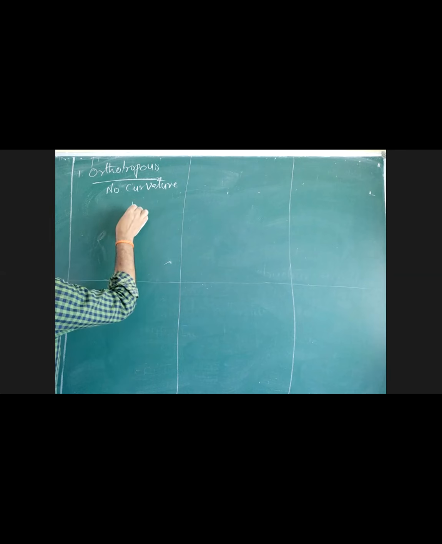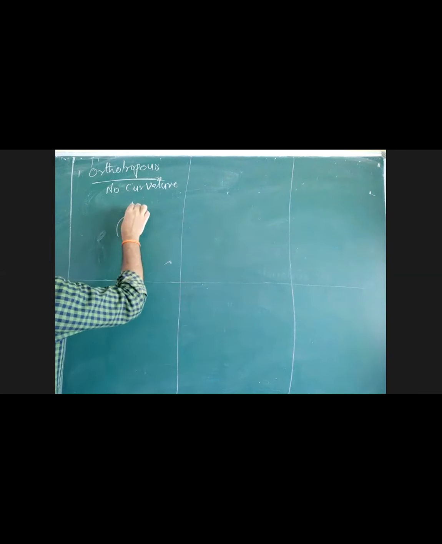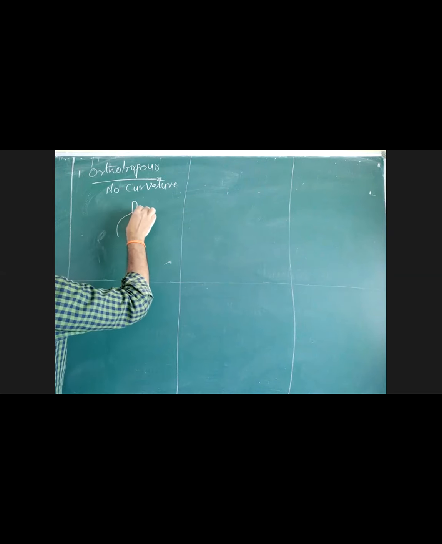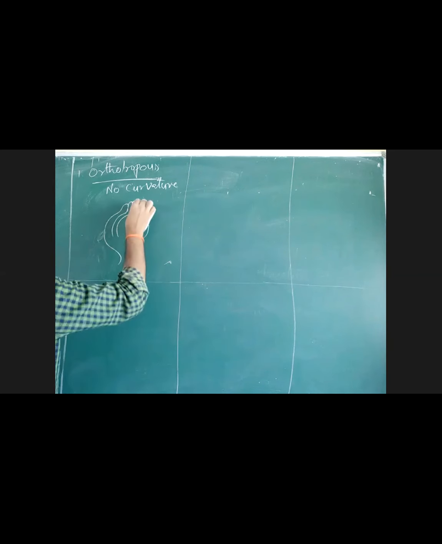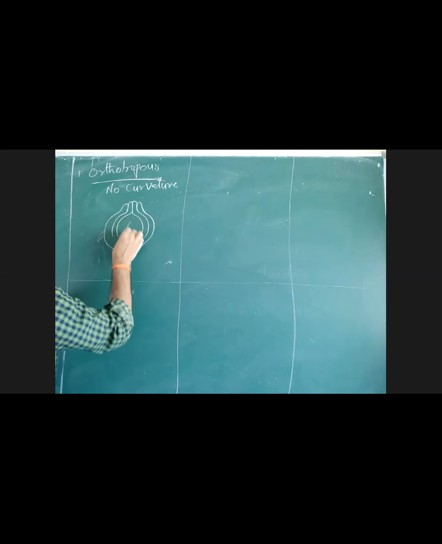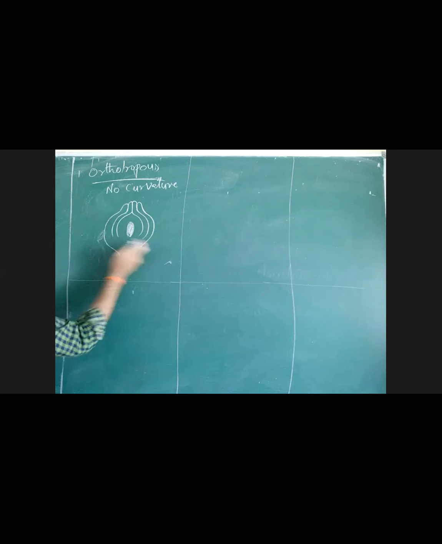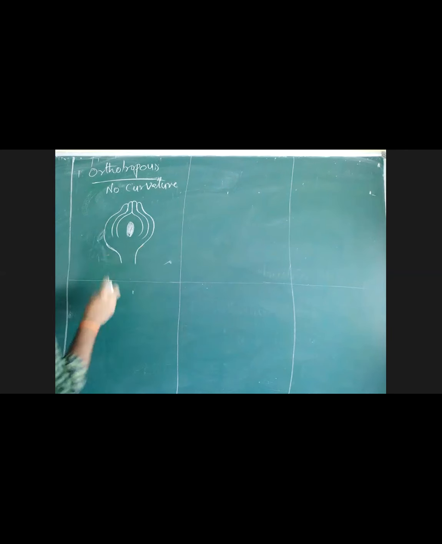See that orthotropous ovule structure. See this, this is the orthotropous ovule. This is the direction of the funicle, line of the funicle.